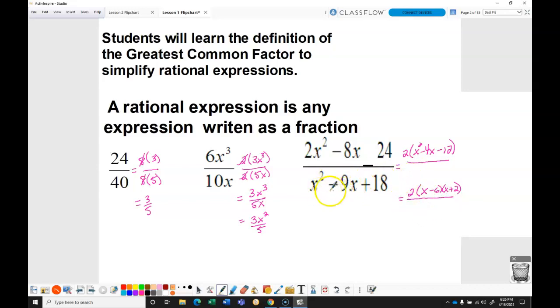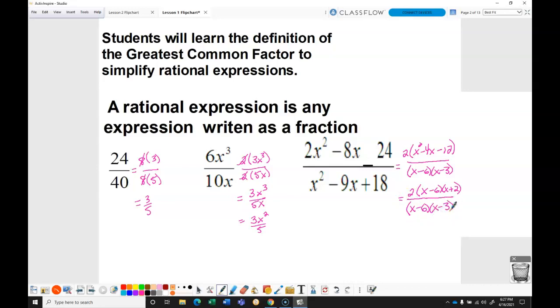The denominator, I just need two numbers that multiply to 18 and add up to negative 9. So I'm thinking negative 6 and negative 3. So I'm going to write that x minus 6 and x minus 3. You can go through factoring by grouping, but if you've picked up that when you have a leading coefficient of 1, those two numbers that you find out actually lead you right into the factors. So what I have now is x minus 6 and x minus 3 in the denominator.